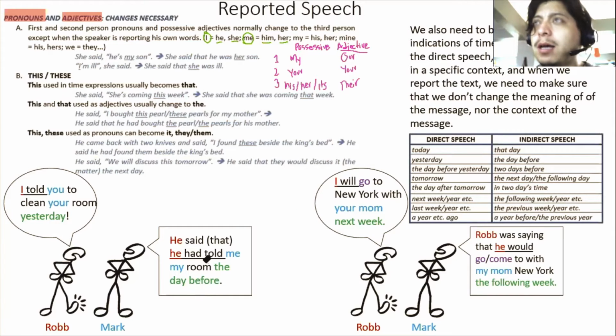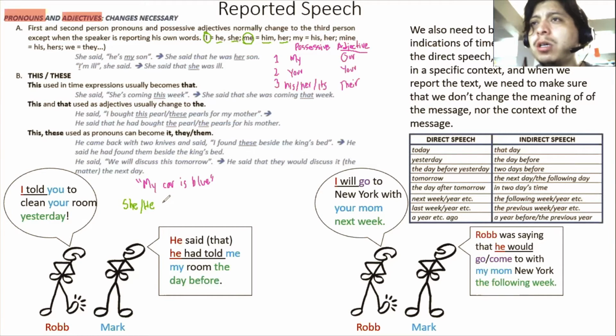It says my changes to his or her. So, for example, somebody said, "My car is blue." Okay, this is the direct speech. In the reported speech, again, we don't know if it is a woman or a man who's saying that.